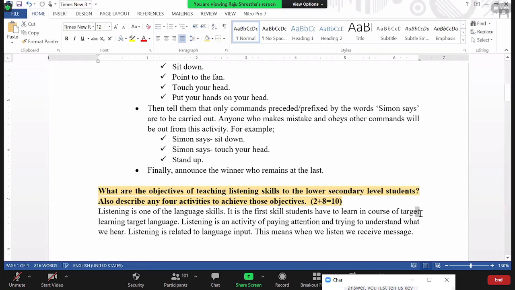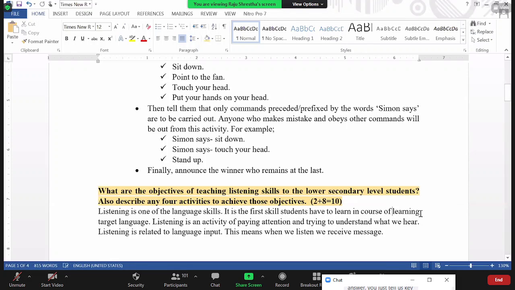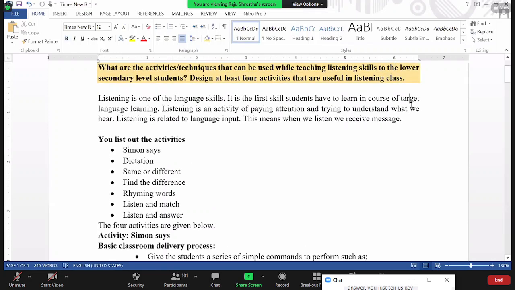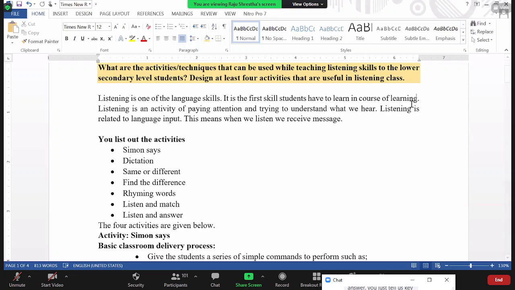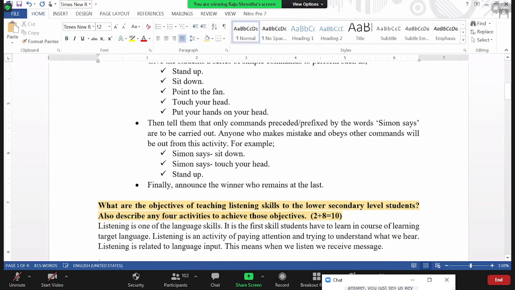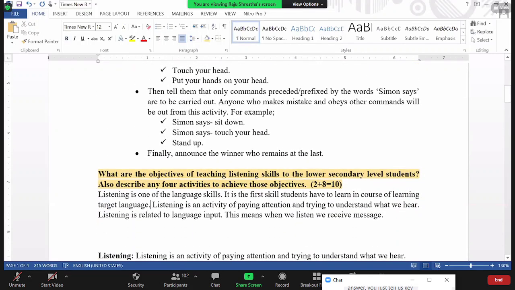And listening is an activity of paying attention and trying to understand what we hear.